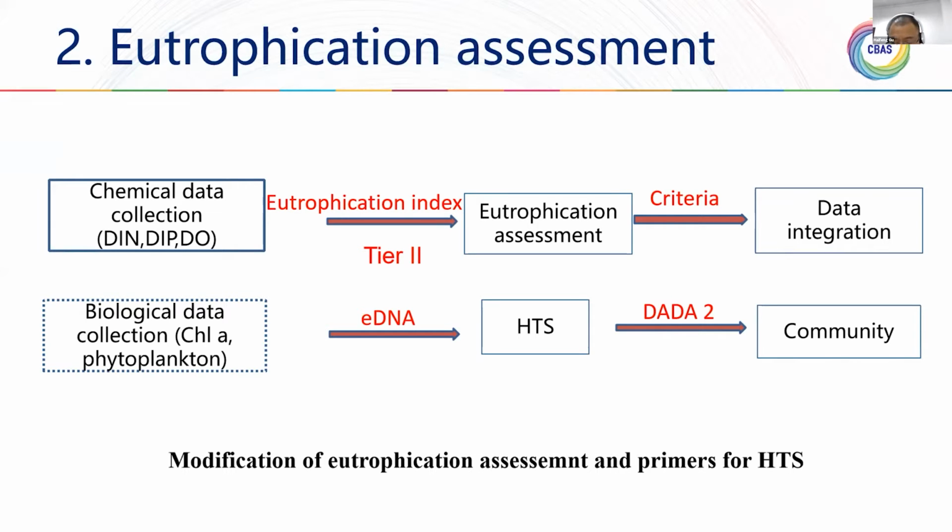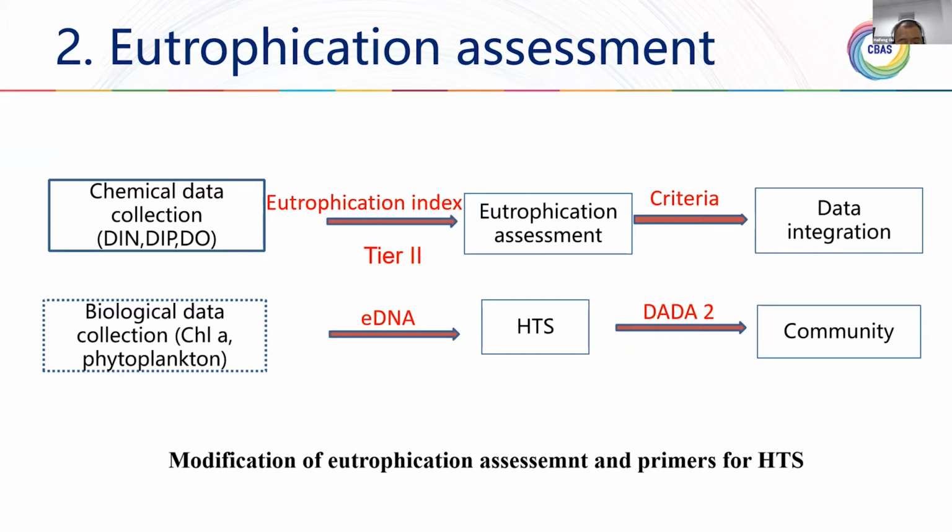Some people refer to a simple eutrophication index involving a few nutrient parameters, but others use a complex index involving a lot of parameters.